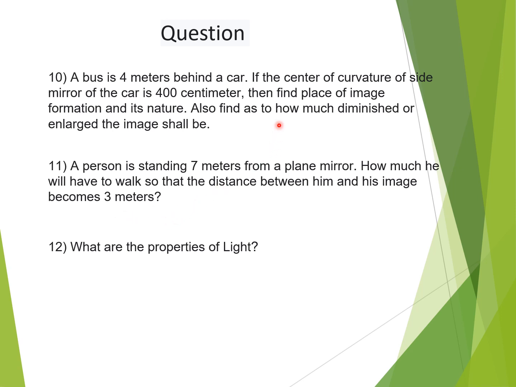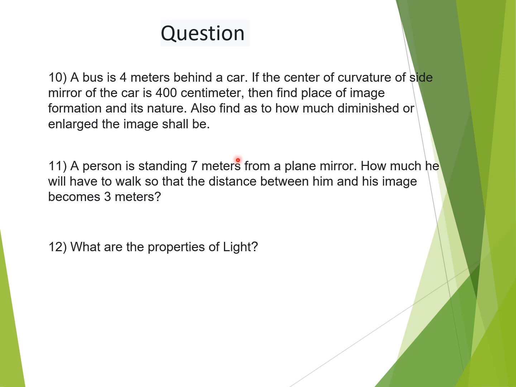So if the person is standing 1.5 meters away from the mirror, then his image shall also be 1.5 meters away from the mirror. That means the distance between the image and person will become 1.5 plus 1.5 equal to 3 meters. So we want this person to stand 1.5 meters away from the mirror.